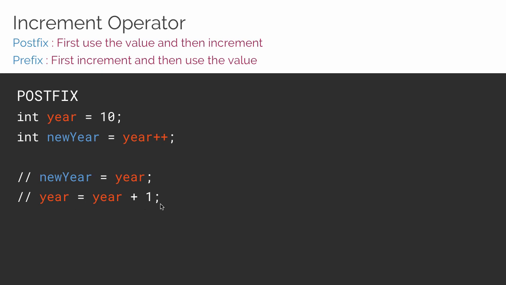If I am going to print out the values of year and also the newYear variable, I will get this output: newYear is 10 and then year is 11. Just because the newYear is getting the older value. And after that, since we are updating the value of year by 1, here we get year equal to 11.